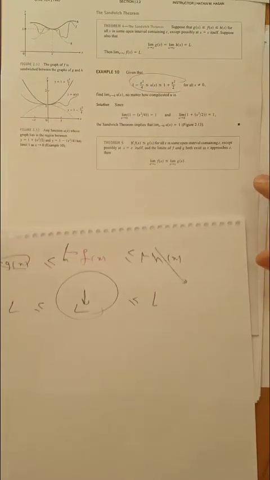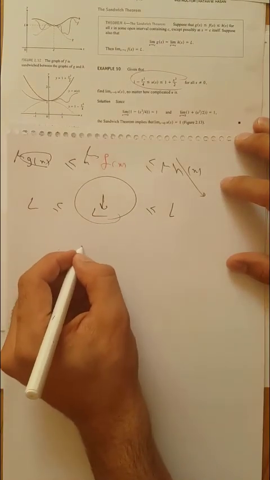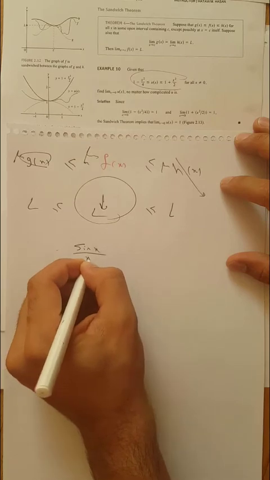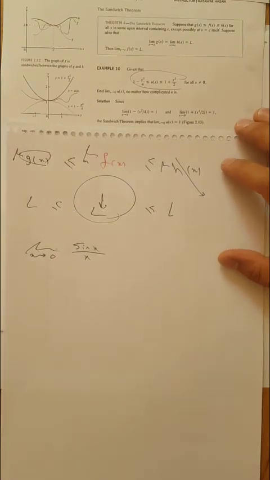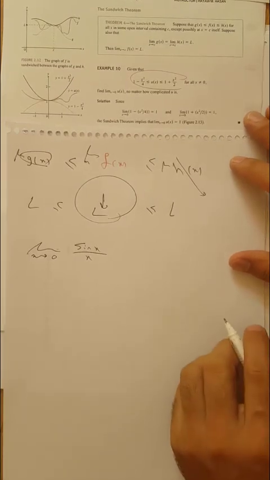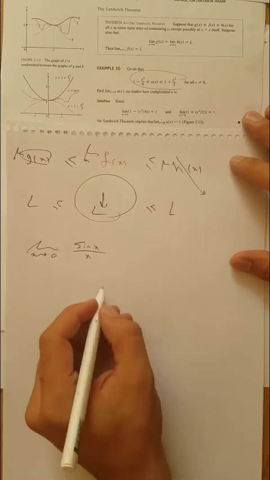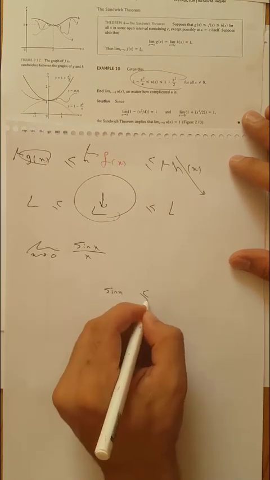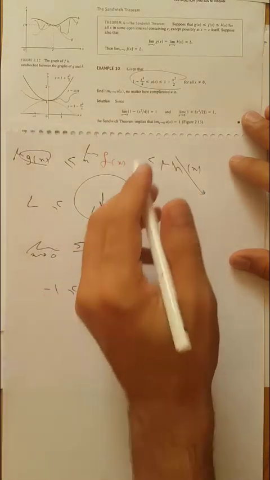For example, I will leave this one for you. For example, we have sine of x over x, limit as x approaches, for example, 0. In that case, you know sine of x is between 1 and -1, so we use the sandwich theorem.